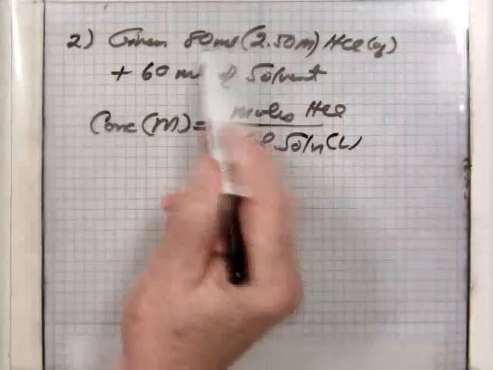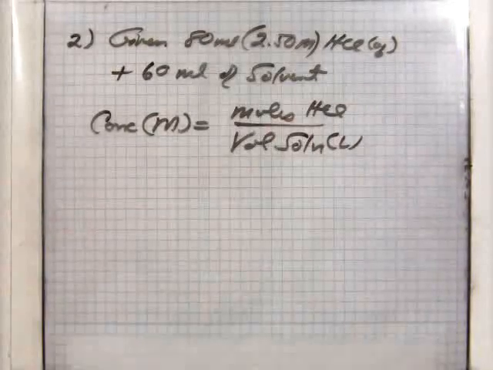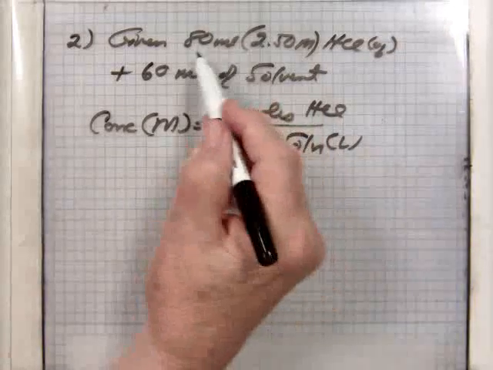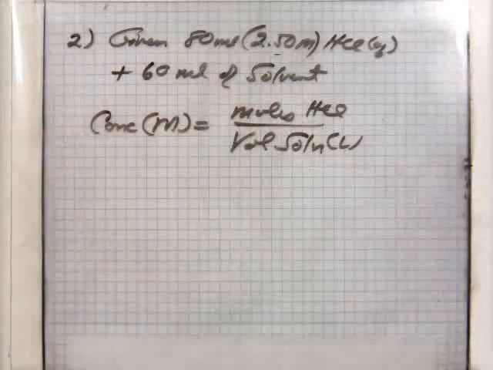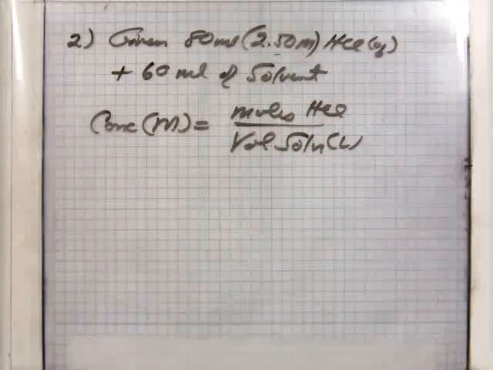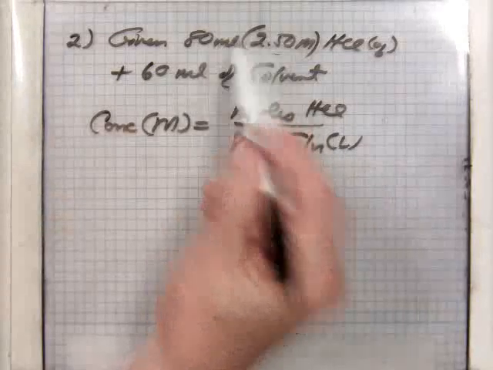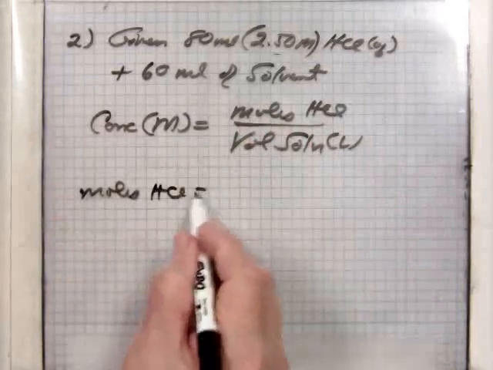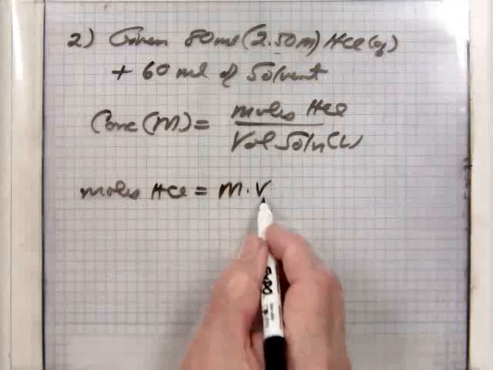Okay, let's start here. What are you putting into the system? Moles. Remember the initial example I gave you? I drew the little beakers and said, okay, you have X number of moles in the first, and then you dilute it, you still have the same number of moles. Well, moles is molarity times volume. So the moles of the HCl is molarity times volume in liters.